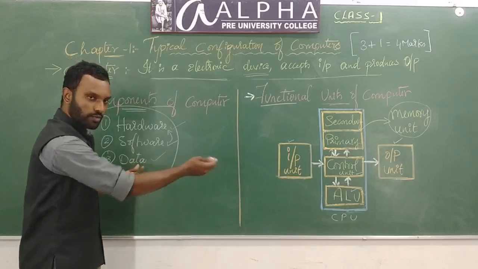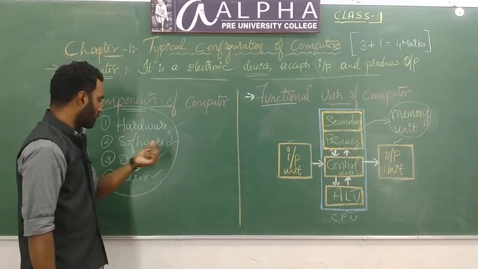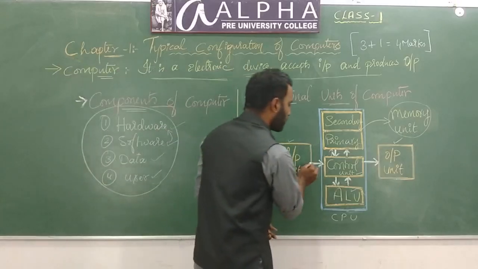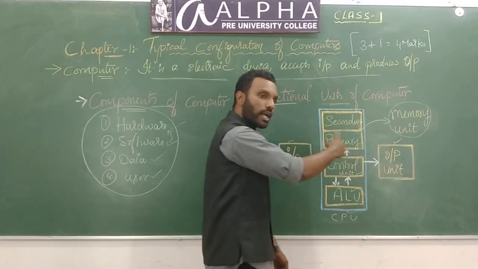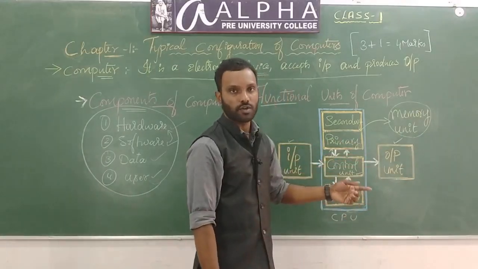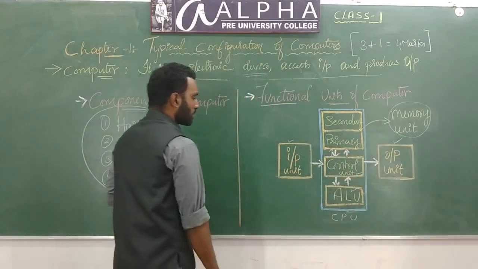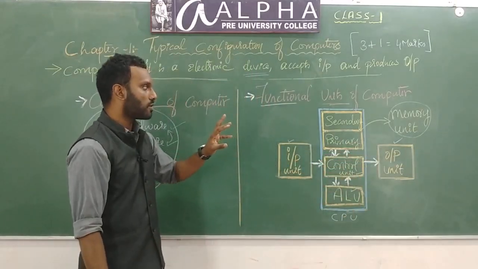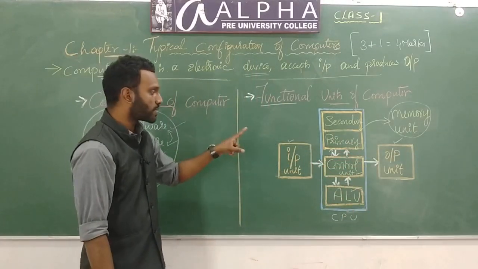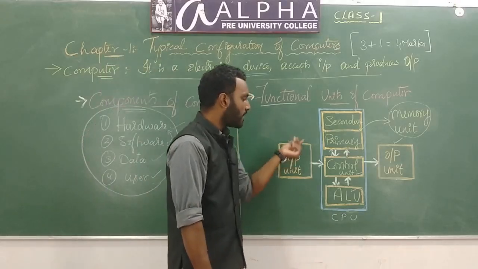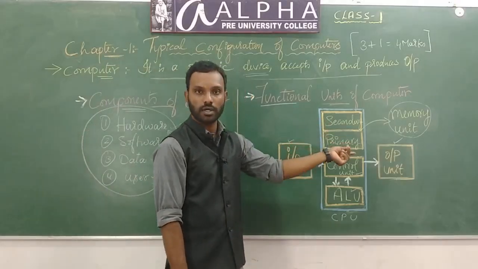Data and user, I shall let you know. Software, to make the data move around the units, we require software. Now using these functional units, how is our data processed, how is our data fed into the computer and given out as information?